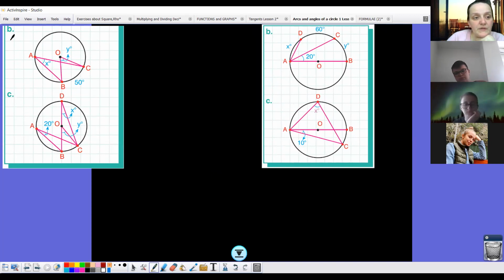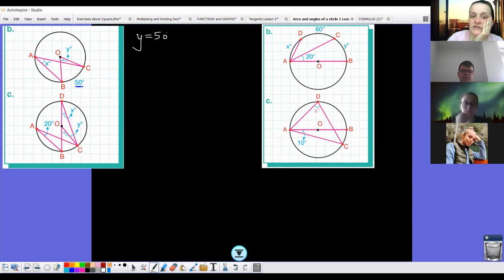In the first one, in B, we need to find x and y. Firstly, they are intercepting the same arc. Can you see? BC is 50 degrees. But one of them is an inscribed angle, the other one is a central angle. Y will be 50 and X will be 25.